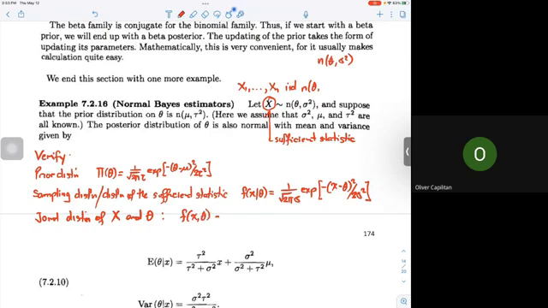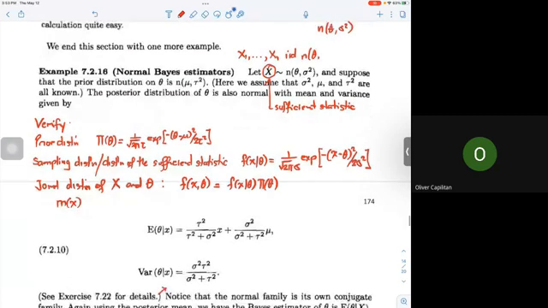So it's actually f of x times the prior distribution. Yan yung hahanapin nyo. And then after that, you're going to solve for the verification. Then you're going to solve for the marginal distribution of x. Then after that, we're going to solve for the posterior distribution. So yung posterior distribution natin, you have pi of theta given x.